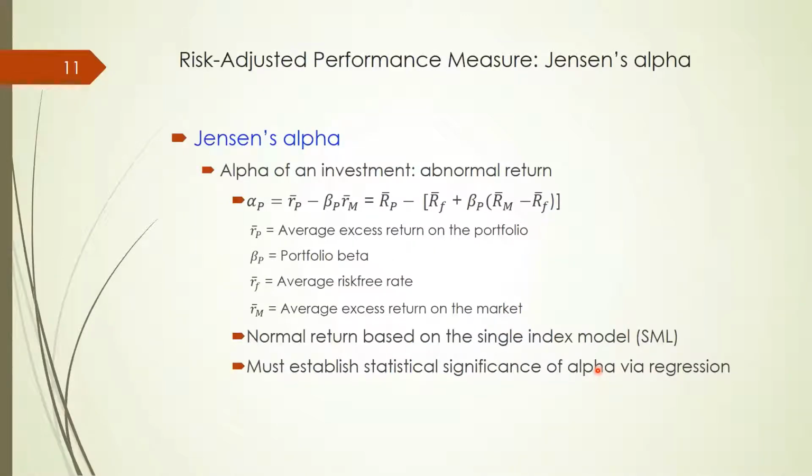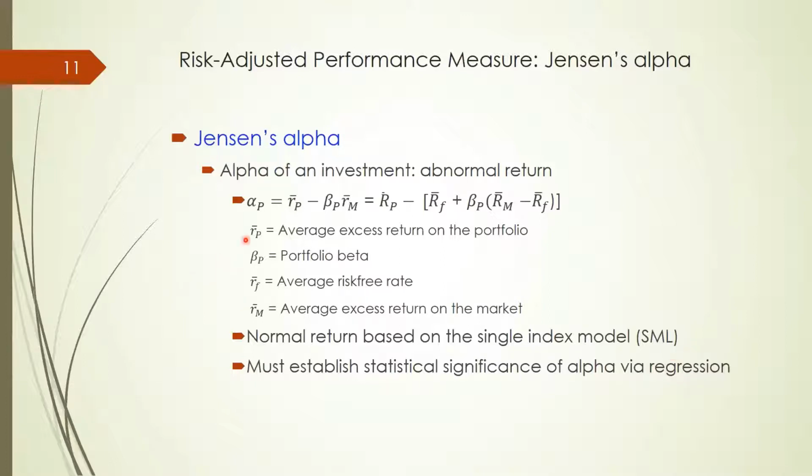Next, Jensen's alpha. Jensen's alpha, as we have learned in the previous lecture, is defined as the actual expected return, or the average historical return of a portfolio, minus the expected return based on the CAPM or the security market line.